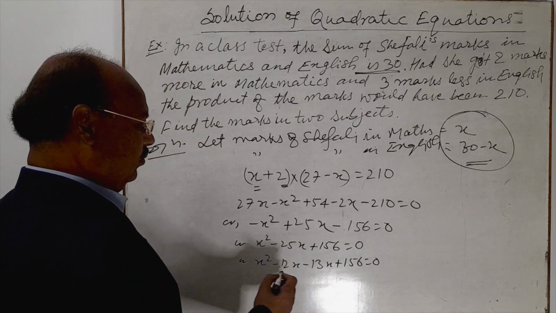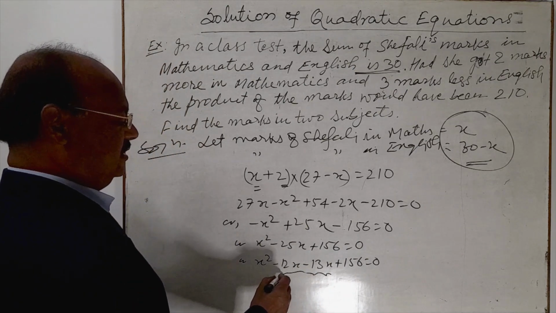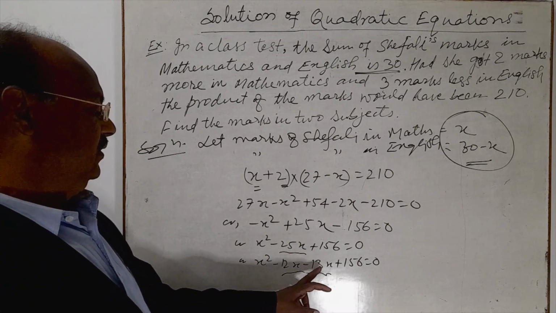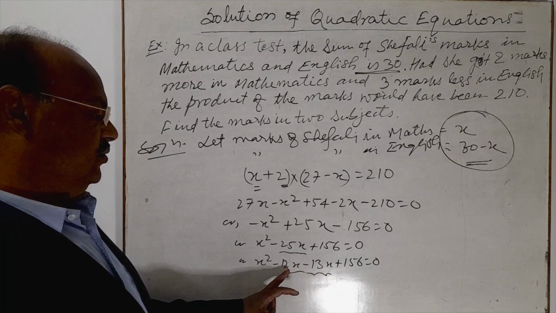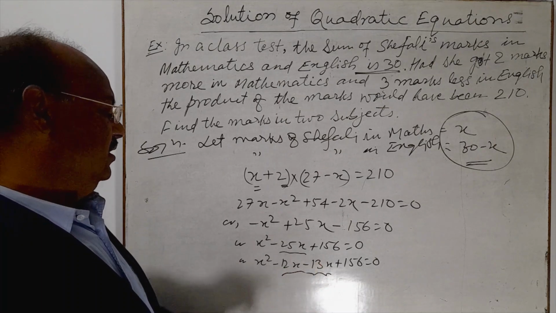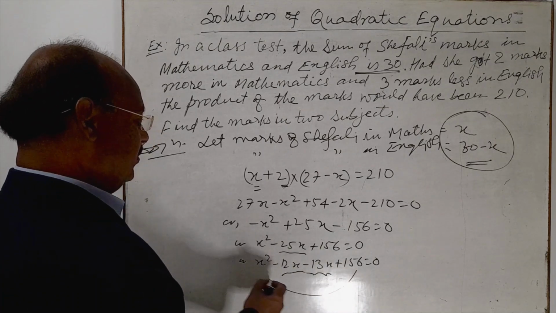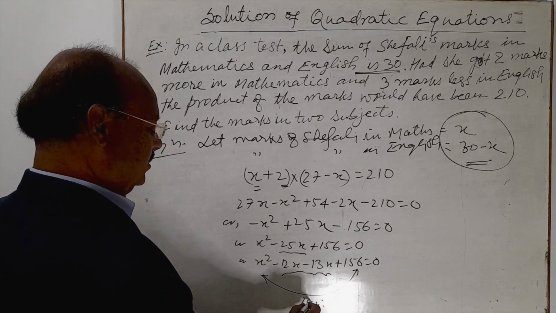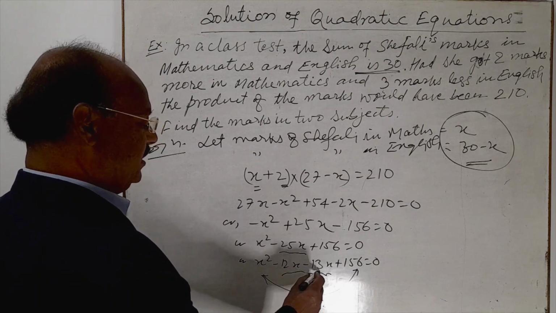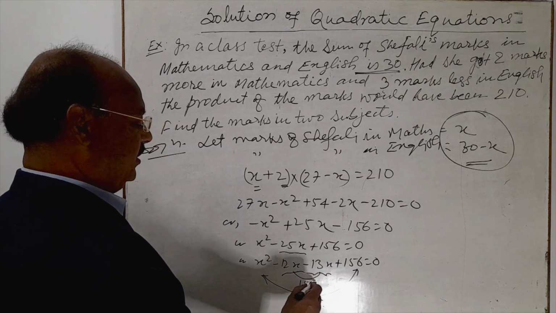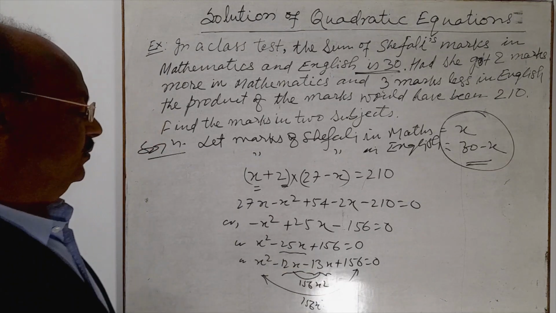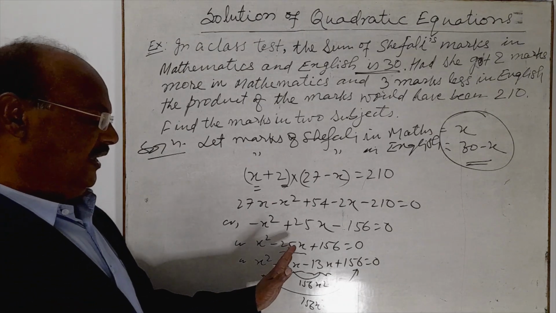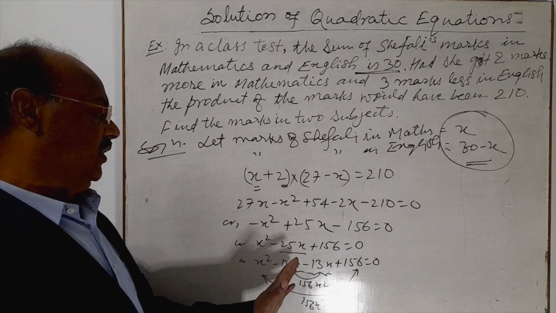You see, minus 12x minus 13x is equal to minus 25x, which remains the same, and the product of minus 13x and minus 12x is 156x square, equal to the product of the first and last terms. Correct? So in this way, we can break this middle term into 2 different parts.